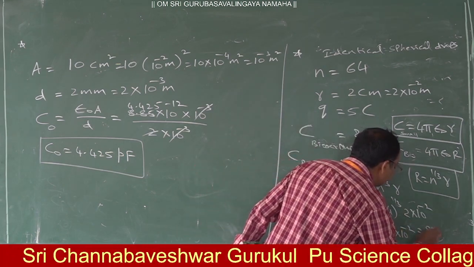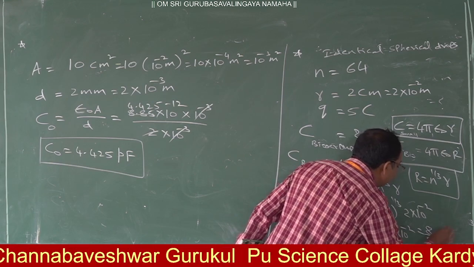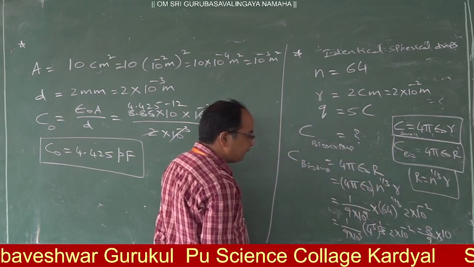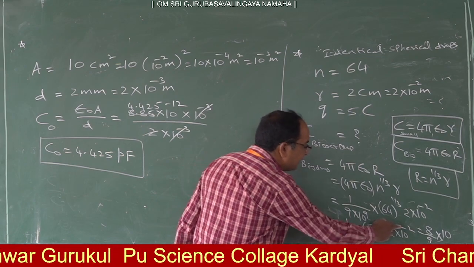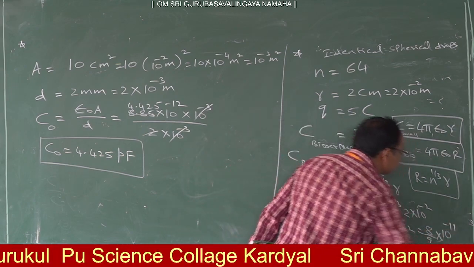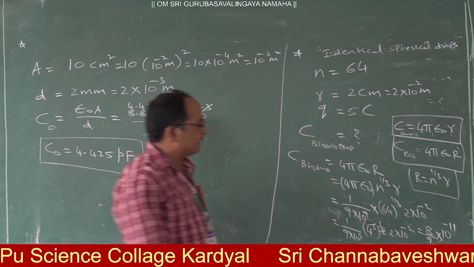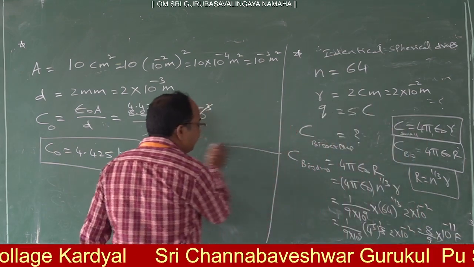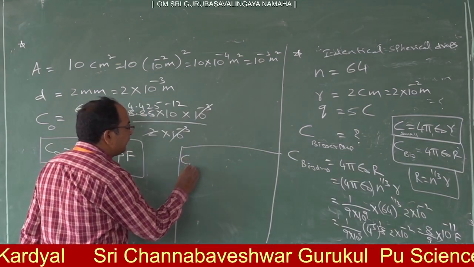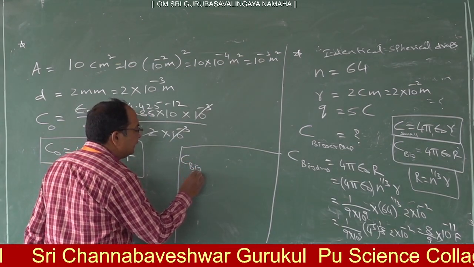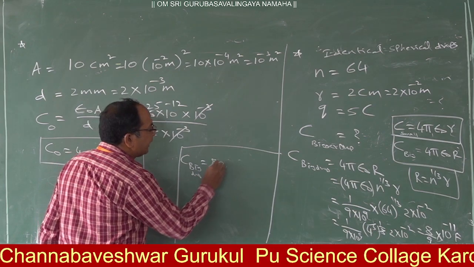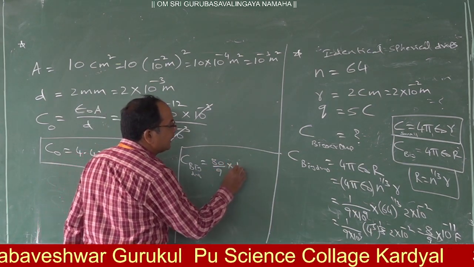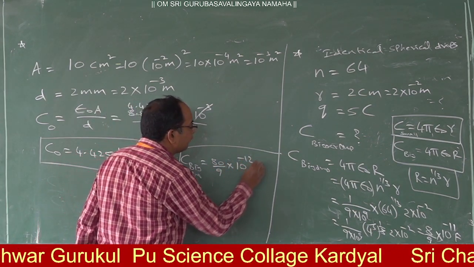So 8 into 8 by 9 into 10 power minus 9 minus 2, minus 11. So that is in farad. Simply, C big drop is equal to 80 by 9 into 10 to the power of minus 12 farad.